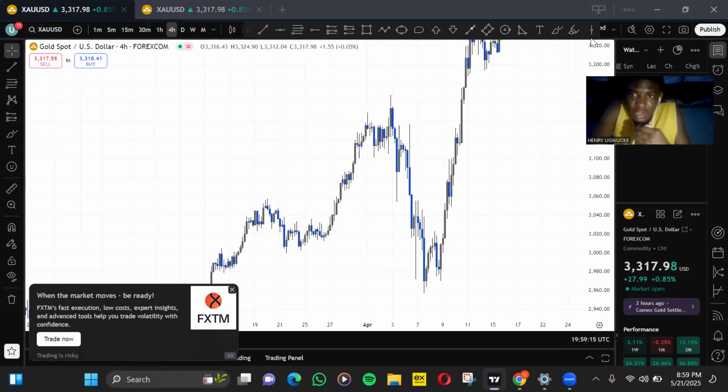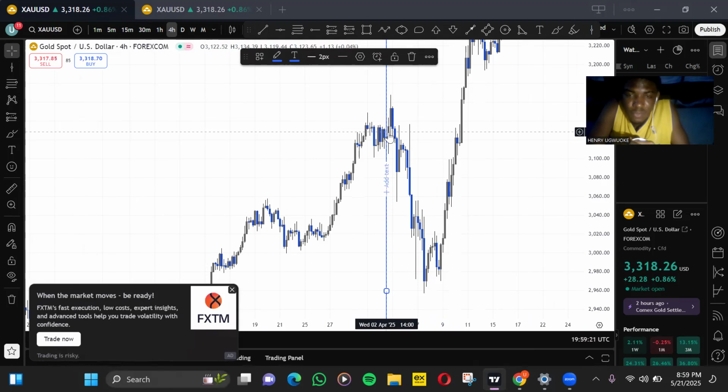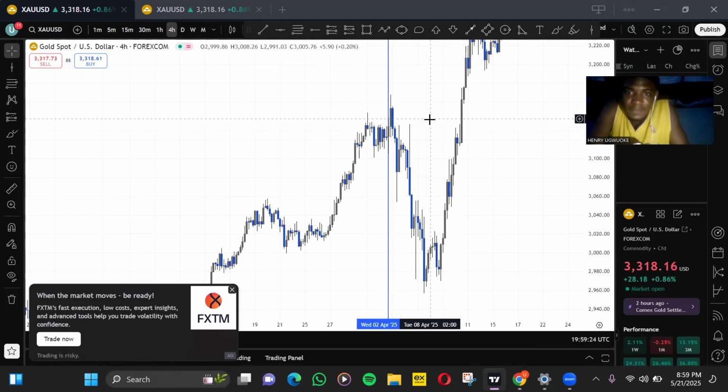First, what I do is I use this horizontal tool, and I place it where I know that markets are probably giving me a good bias.